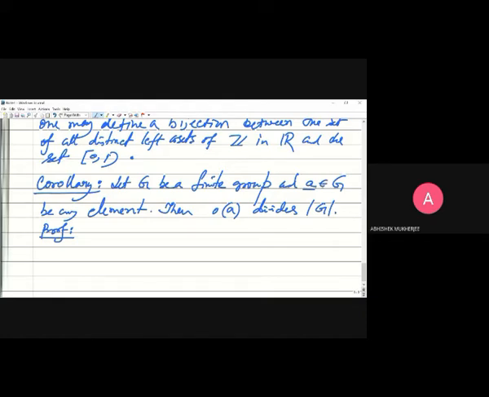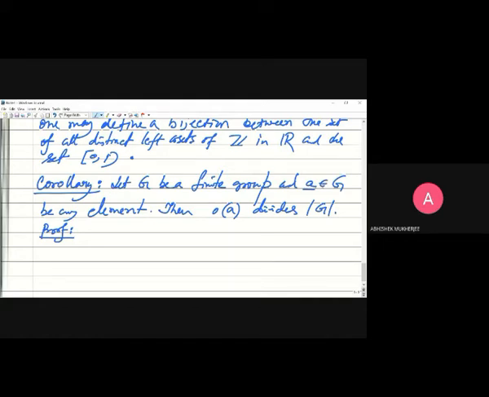And since it is a finite cyclic group, the order of that subgroup equals the order of the element, right? We have proved that the order of the cyclic subgroup generated by a is equal to the order of the element.